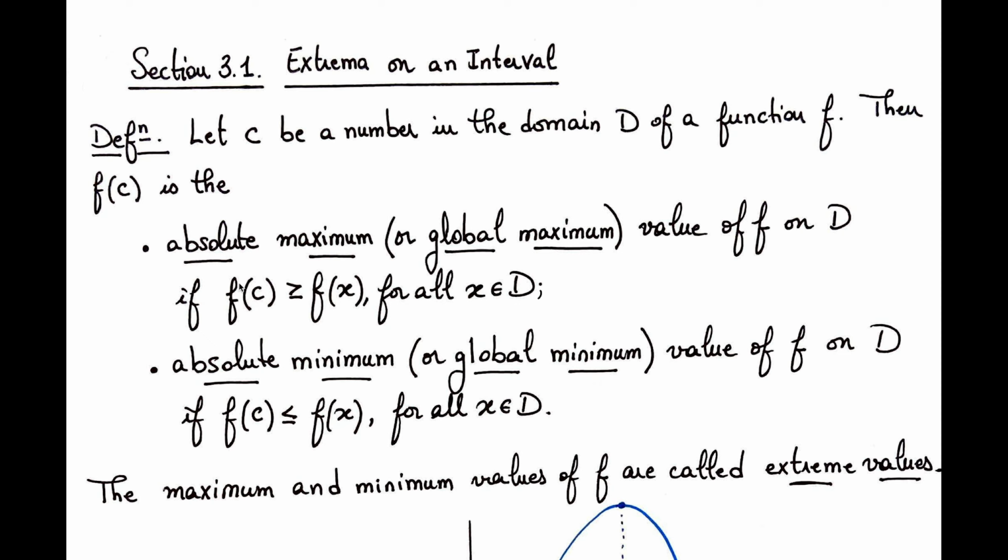So f of c is the largest value f can reach throughout its domain. And absolute minimum or global minimum is defined the same way, but it has to be dominated by all other values that f can have.